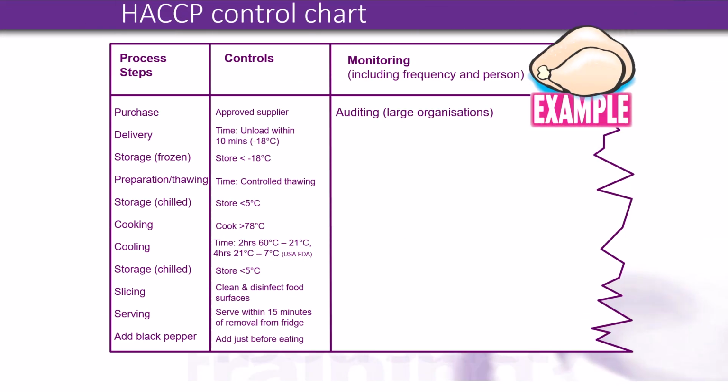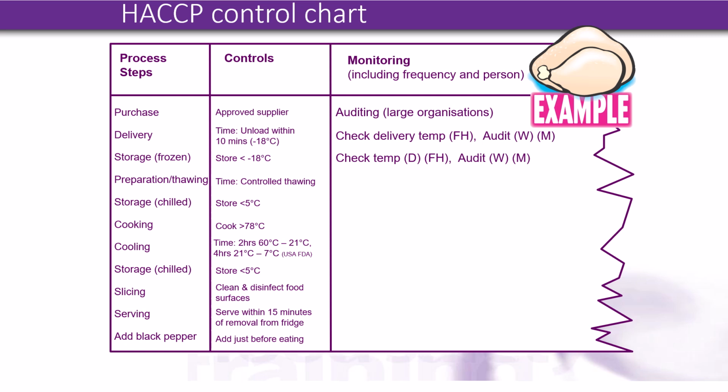Again, let's have a look at the last part of the HACCP control chart. We look at monitoring. So purchase, the monitoring there would be auditing, especially with large organizations. Checking the delivery temp. These are records which you would need to monitor and audit as well.